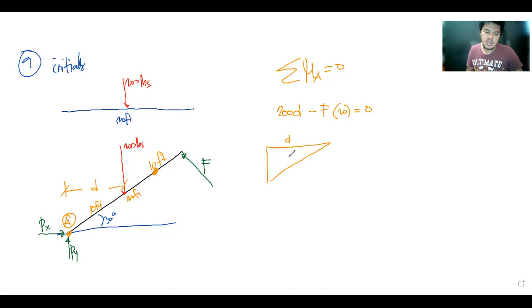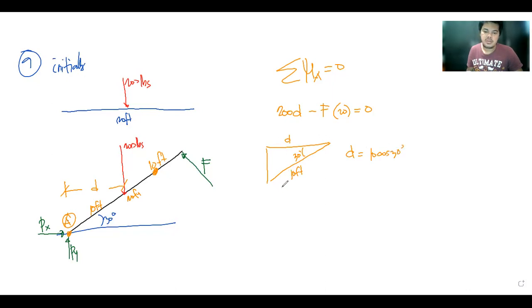So this would be D, 30 degrees, 10 feet. So D can be calculated as 10 cosine of 30.